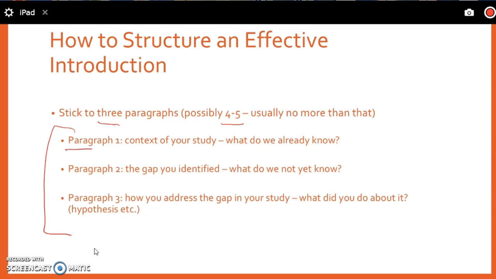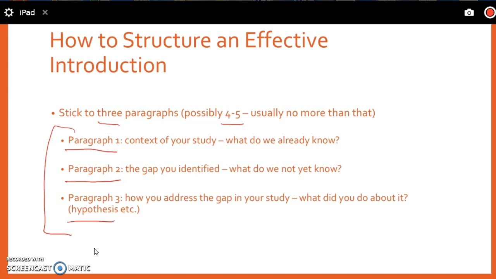So the first paragraph, you should focus on what do we already know, the context of your study. Second paragraph, what's the gap you identified? What do we not yet know? And in the last paragraph, how do you address the gap in your study? What did you do about it? Briefly outlining how you propose to address this, and ultimately including your hypothesis.